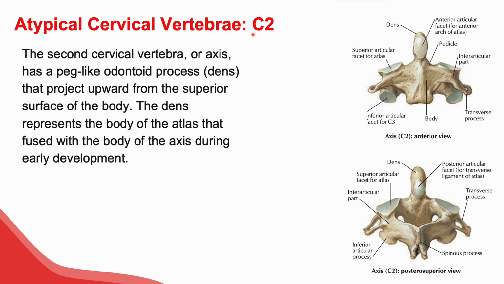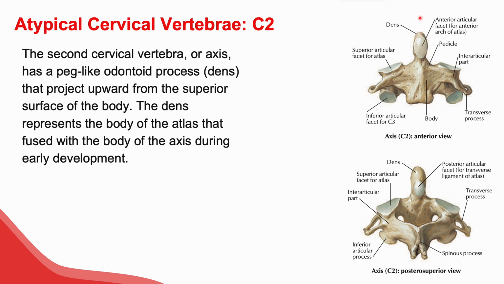The C2 vertebra, or the axis as we already mentioned, has a peg-like odontoid process, or dens. This right here is the peg-like odontoid process, or what we call the dens. This projects upward from the superior surface of the body towards the C1 vertebra.